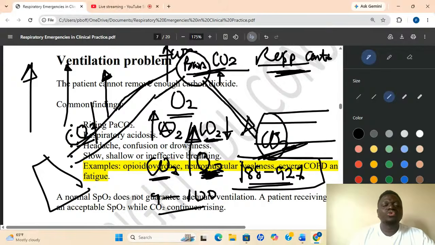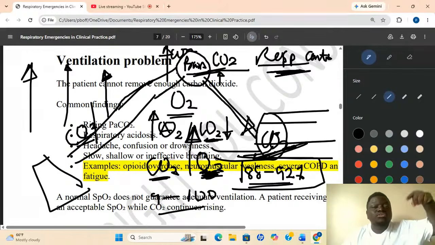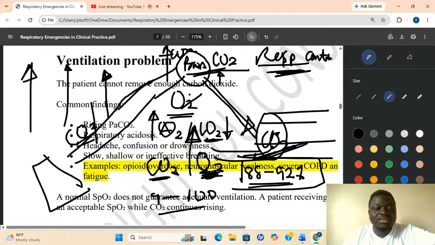Okay. So sending more blood to this atelectasis alveoli means you are sending CO2 there. And that CO2 will go and knock off the oxygen drive in their brain. COPD patients, you see them sleeping.